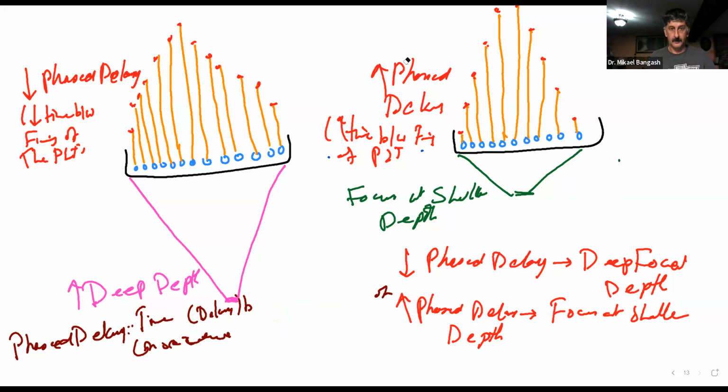Then we have our image here. This is our image. And let's just say that we ask the system to focus at two depths.